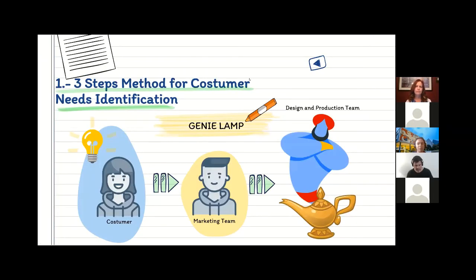The first of our tools is called the three steps method for customer needs identification, but we are going to name it our genie lamp.